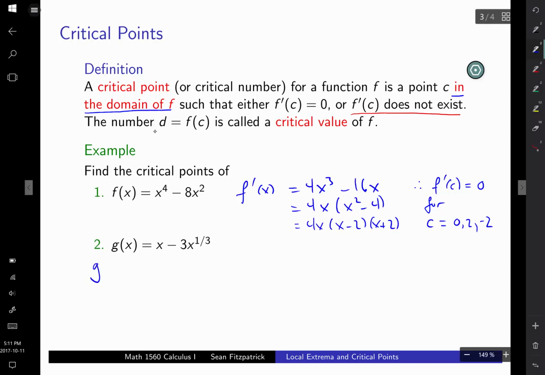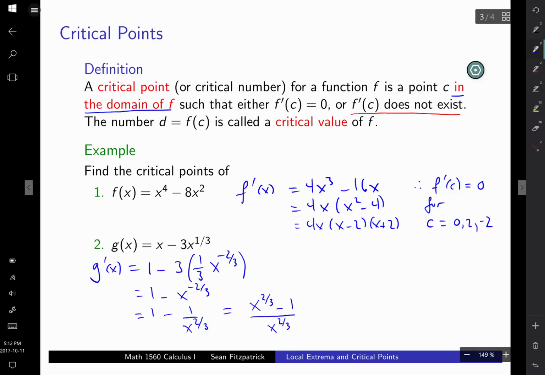Now what about g? If I calculate g prime, I get 1 minus 3 times, using the power rule, 1/3 x to the minus 2/3. So the 3's cancel, and that's 1 minus x to the minus 2/3. Let's deal with that negative exponent. If I put things over a common denominator, this is x to the 2/3 minus 1 over x to the 2/3.